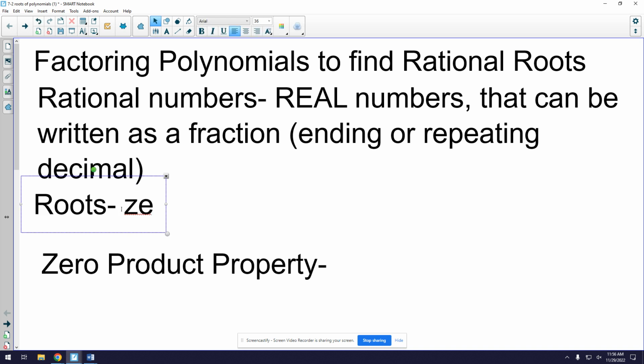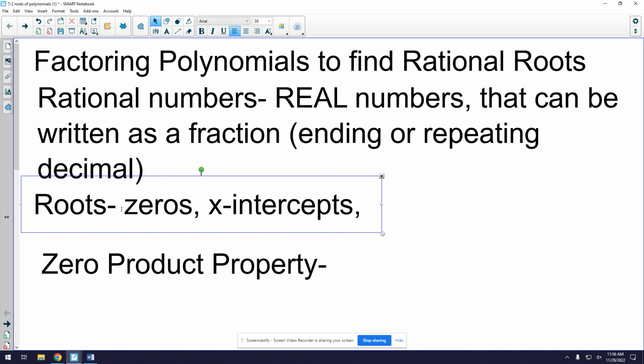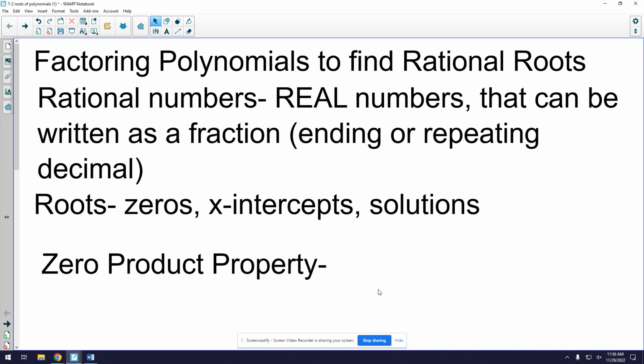Those are your zeros, x-intercepts, or solutions. So we've talked about roots with your quadratics, and now we're going to talk about roots with other polynomial functions.